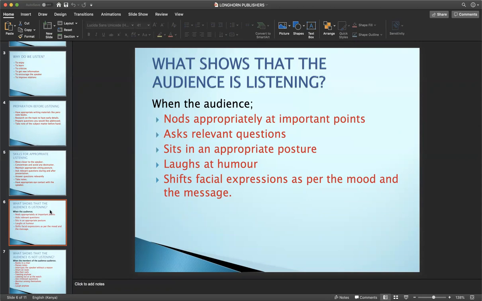And you being part of the audience, you'll notice that when the audience nods appropriately and at important points, asking relevant questions, and even sitting in an appropriate manner, that is maybe upright posture, and even laughing at the humor and the jokes that the speaker will.